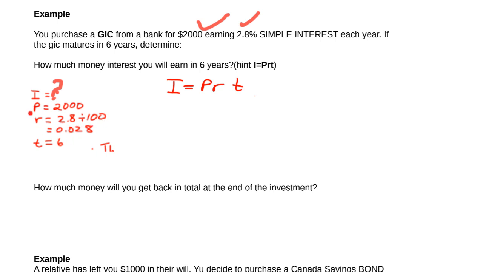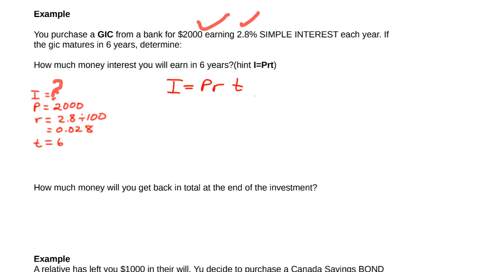And now all we have to do is know the number of years that we have here. Now the number of years that passed by was 6. So 6 is our T for time.